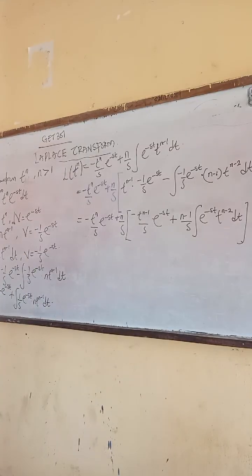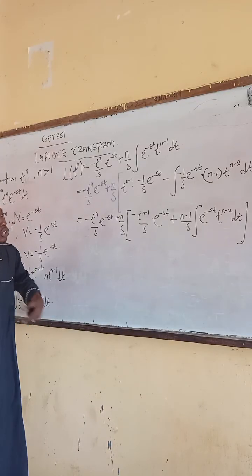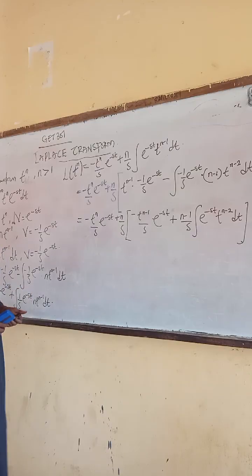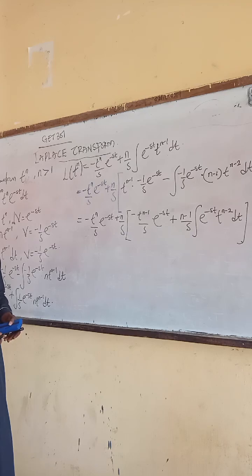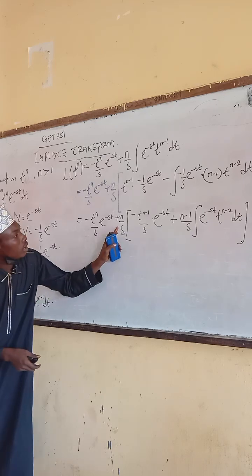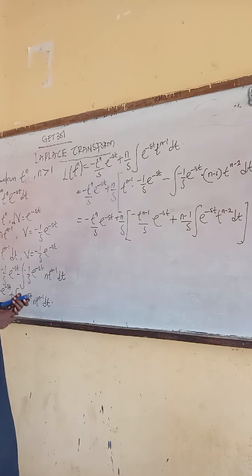Now from this place, you can see that by continuous integration, I want to open this bracket with this n over s. Look at what we are going to have.